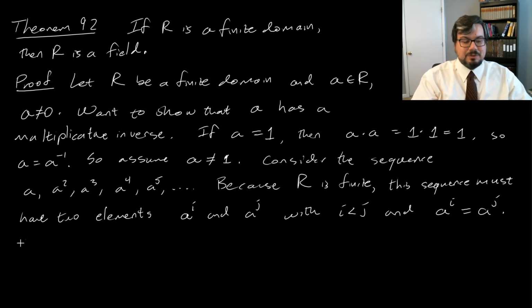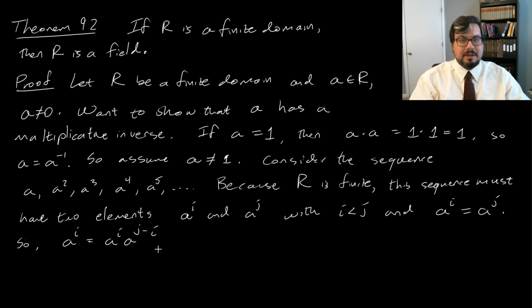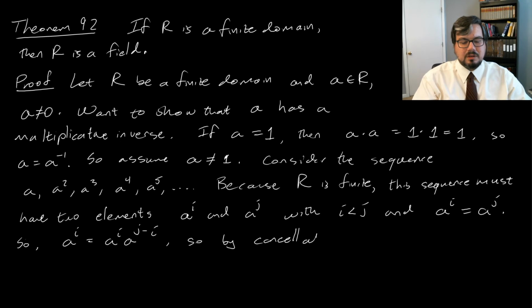Now, we can use cancellation. So that means that a^i equals a^i times a^(j-i). That's just normal power arithmetic. So by cancellation, 1 is equal to a^(j-i).